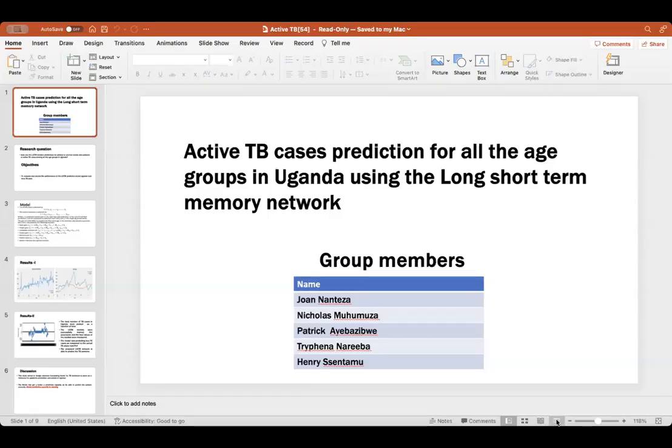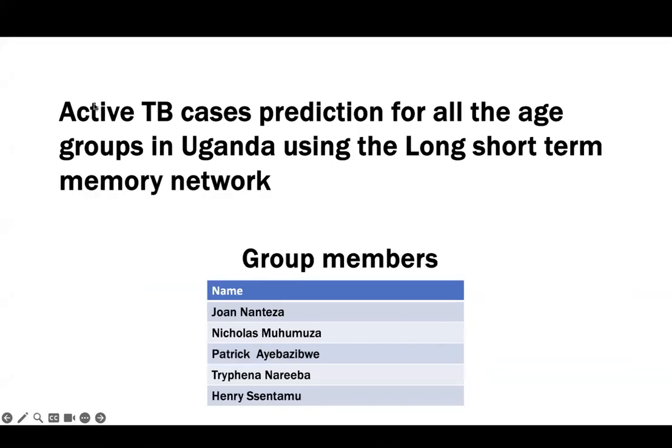Yes, Abel, it is here. You can proceed. Yes, thanks a lot. Unlike all the other presentations, ours is a bit different, being that we are not handling compartment models.